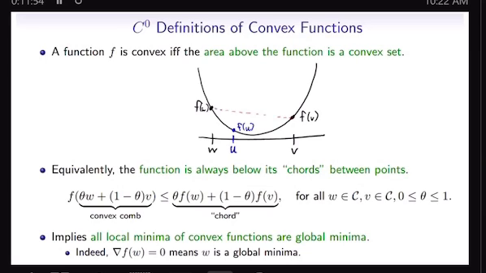Now, I want you to see a clear picture of what a convex function looks like. I said a function f is convex if the area above the function is also a convex set. If you take a look at this particular shape, and I take 2 points, the 2 points here will lie above the curve. You can see this is a curve.